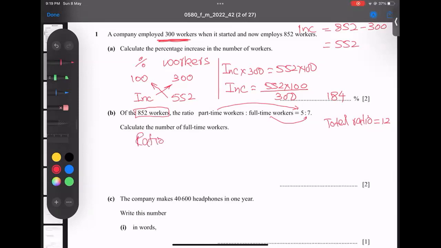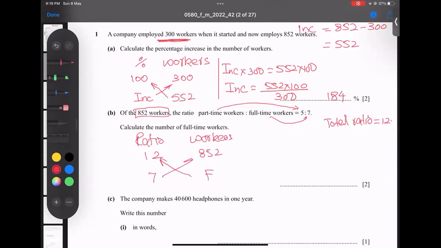So write two titles, ratio and workers. So total ratio is equal to total workers. So 852 equals 12, and I'm looking for full-time workers, which means 7. So I'll write here 7 and here F for full. Cross multiply.